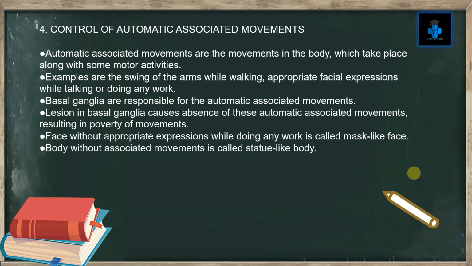Basal ganglia are responsible for the automatic associated movements. Lesion in basal ganglia causes absence of these automatic associated movements, resulting in poverty of movements. Face without appropriate expressions while doing any work is called mask-like face. Body without associated movements is called statue-like body.